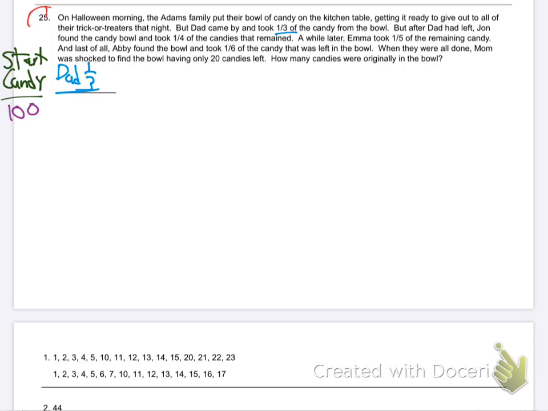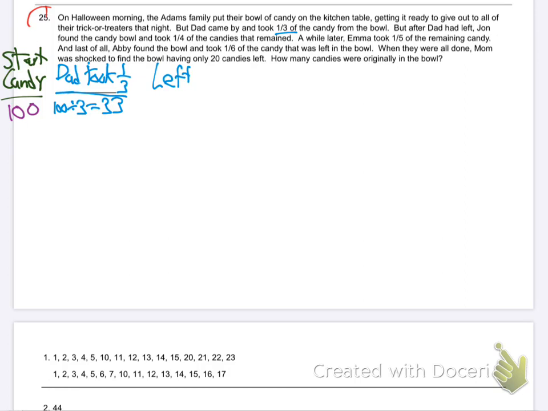If you divide 100 by 3 on your calculator, you'll get 33 and some decimals. Don't worry about the decimals. Just round it off the best you can, 33. Dad took 33.